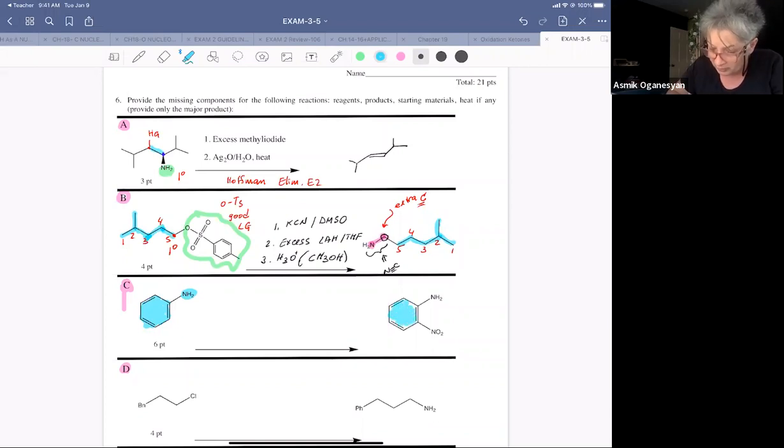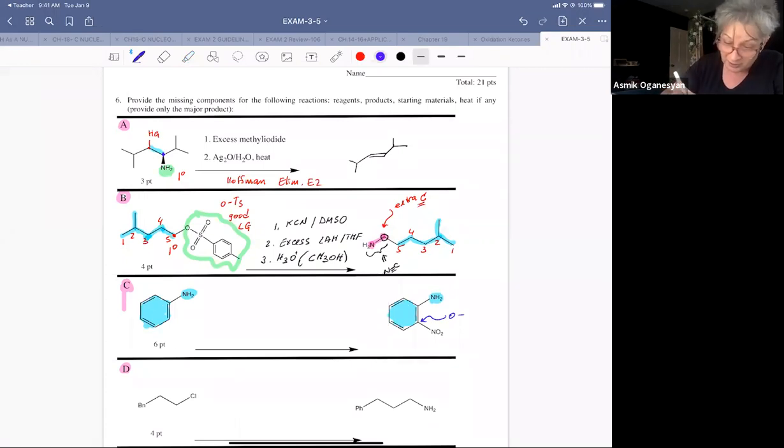In the product, I'm adding a nitro group onto the ortho position next to the amino group. And I know that sterically, that's not the best position to add. So what I need to do is to protect the para position first.